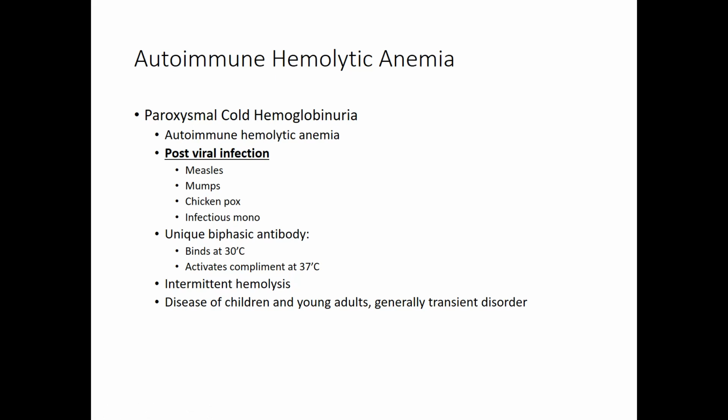The first is the antibody binds at 30 degrees to the red blood cells, but it won't activate complement, that process where the host will destroy a cell that is sensitized with antibody.